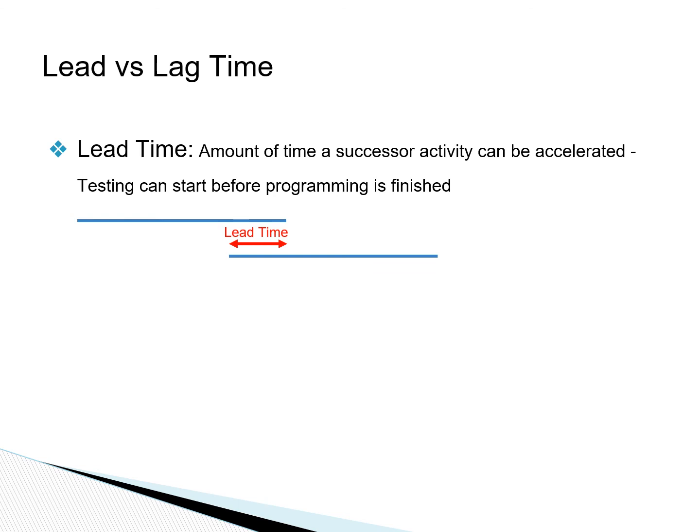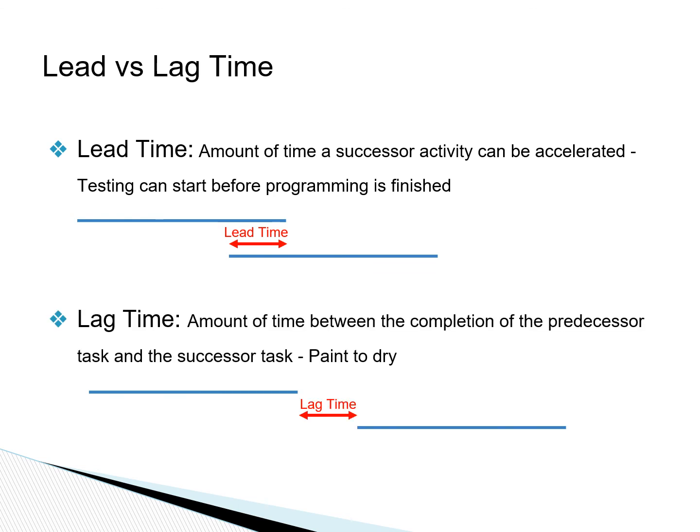For example, the amount of time that the testing can start before the completion of programming is called the lead time associated with that dependency. In other cases, there may be a lag time, and this is the time between the completion of the predecessor activity and the start of the successor activity.